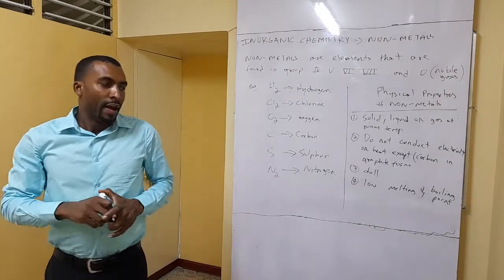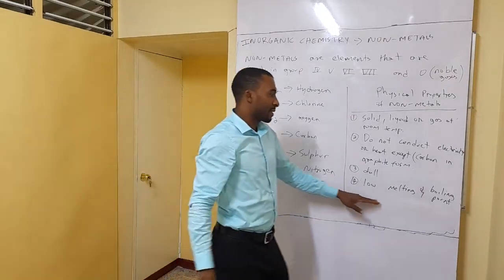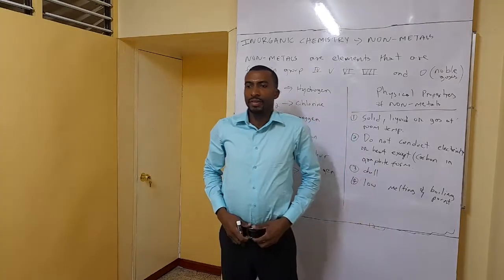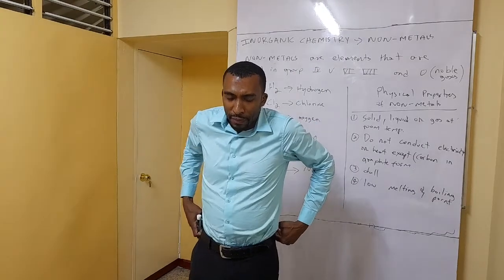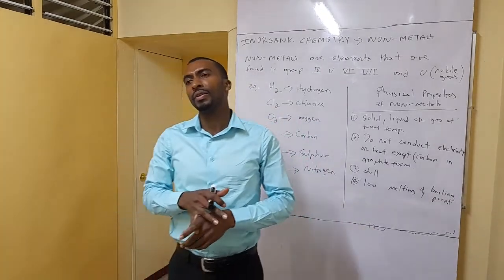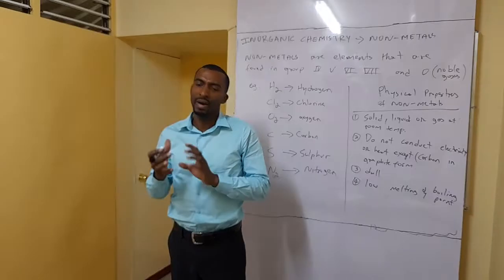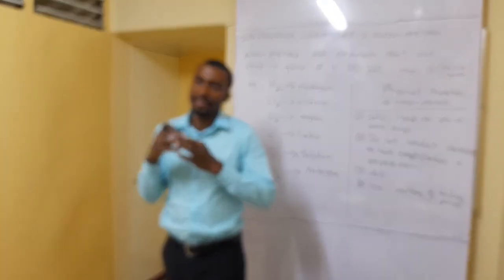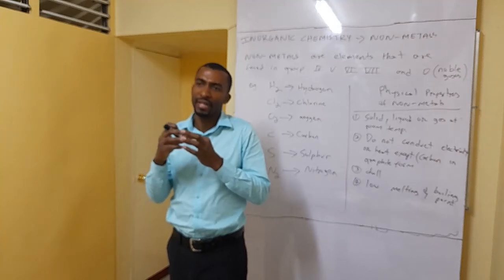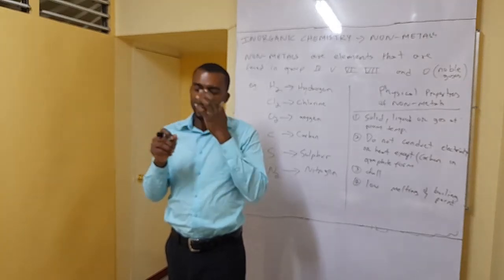Just to explain why they have low melting and boiling points: even though non-metals bond among each other with covalent bonds, which are strong, they normally exist as small molecules.